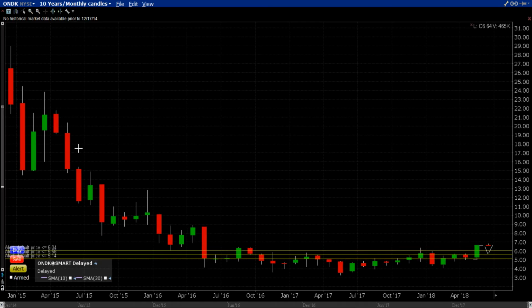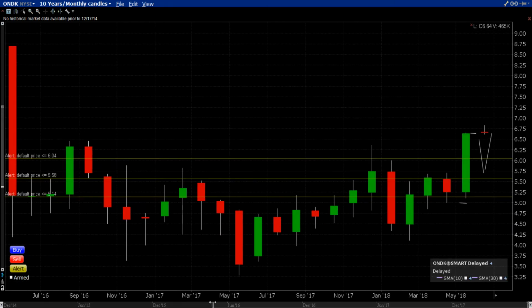Just want to take another peek at the monthly candle chart. And yeah, we have a breakout here also. Guys, it's confirmed. There's a good case for an entry here. At least half a position. And wait for that pullback if you want to add on.